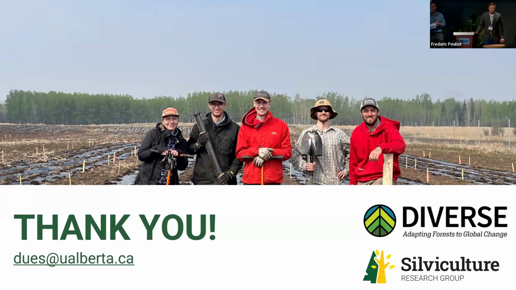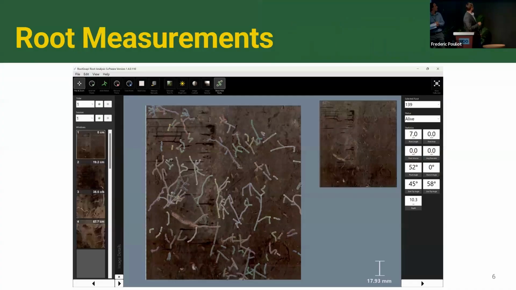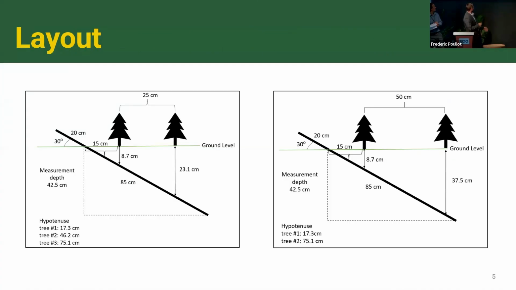Thank you. The cartoon you had showed the tube at an angle, but you're not going to go very deep. How deep are your tubes going to be? I think 48 centimeters. Yeah, so a total depth of 42.5 centimeters will be the furthest down we would see.